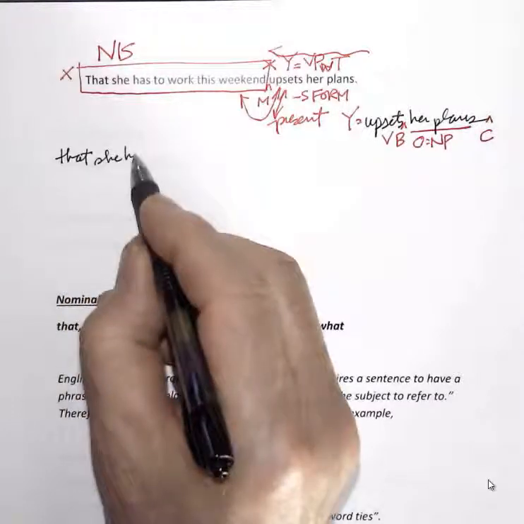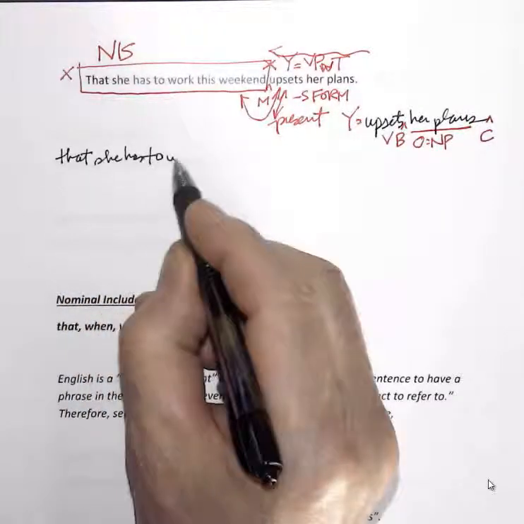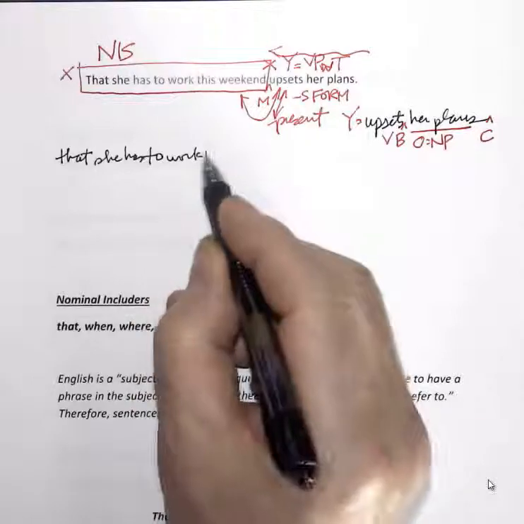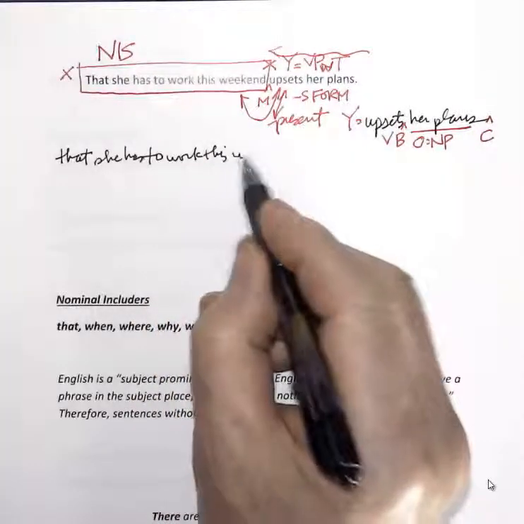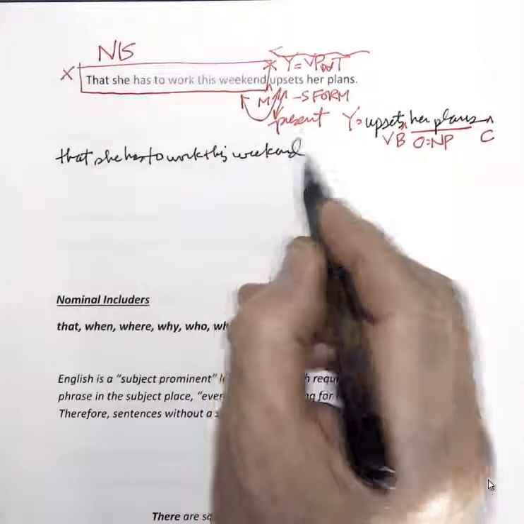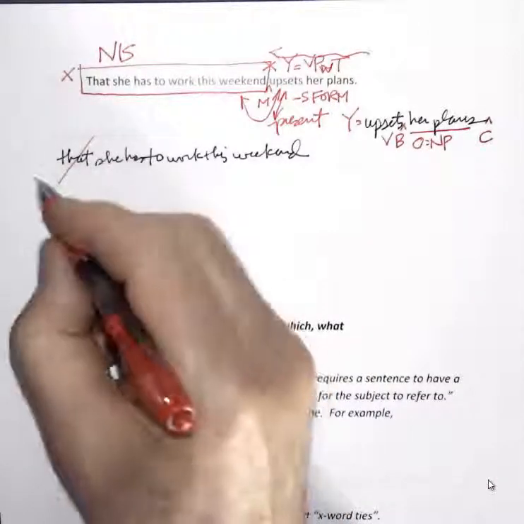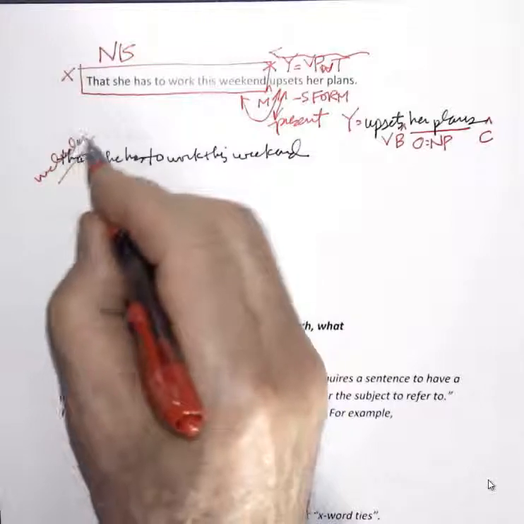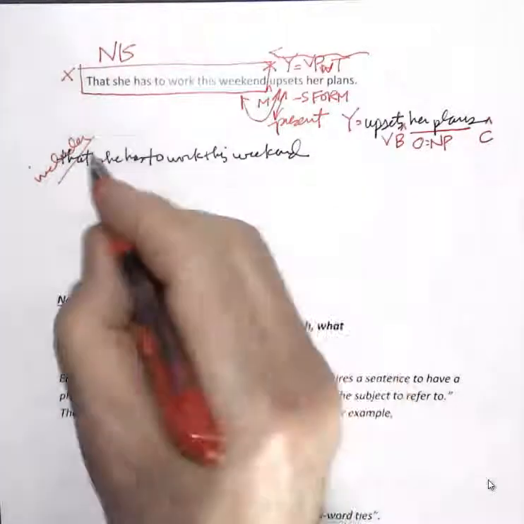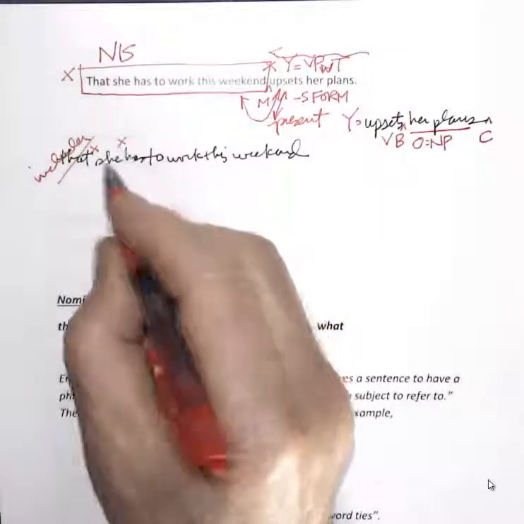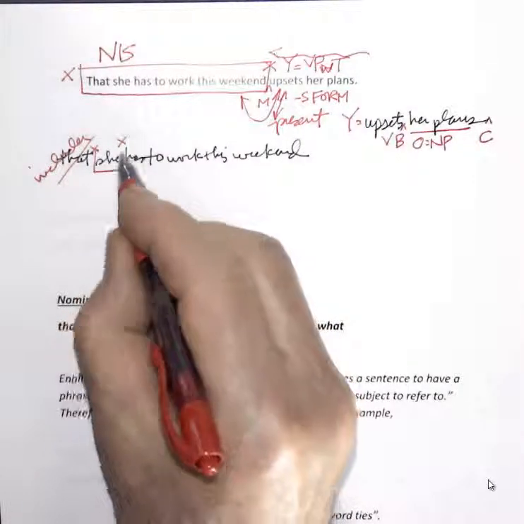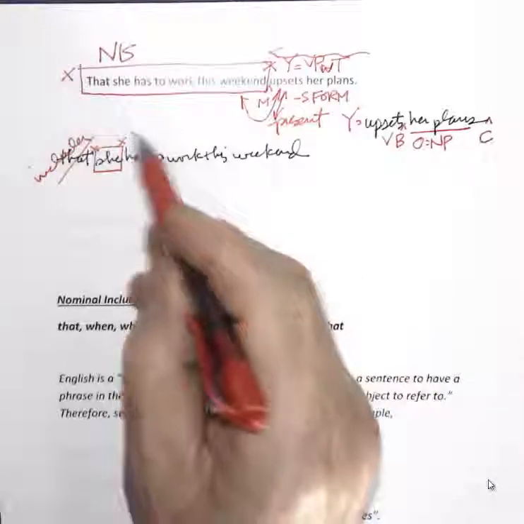That she has to work this weekend. There's our included sentence. The includer is that. Does she have to work? She does not have to work. She is the subject.